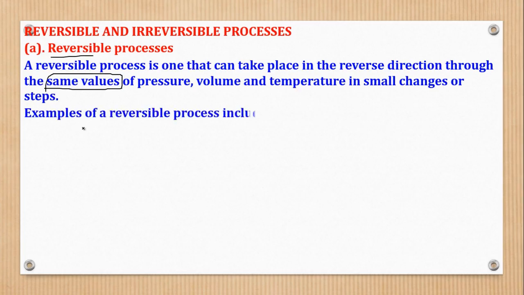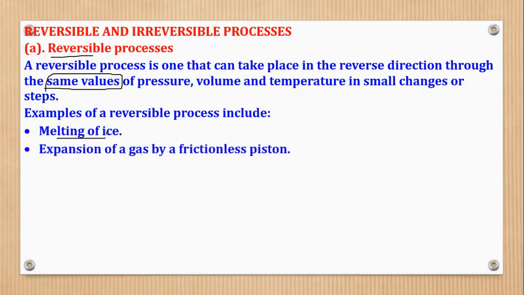Some of the examples can be melting of ice, where the volume can remain the same. Another one can be expansion of a gas by a frictionless piston, because if there is some friction, some energy will be wasted in the form of heat. So it has to be a frictionless piston. That is what we call a reversible process.